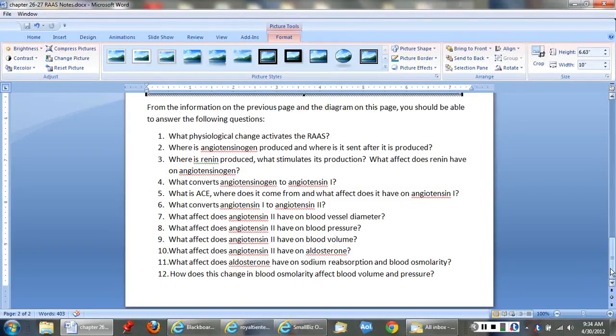Anybody want to help me out there? So what am I talking about when I say osmolarity? Blood osmolarity increases. What does that mean? That would be a result.